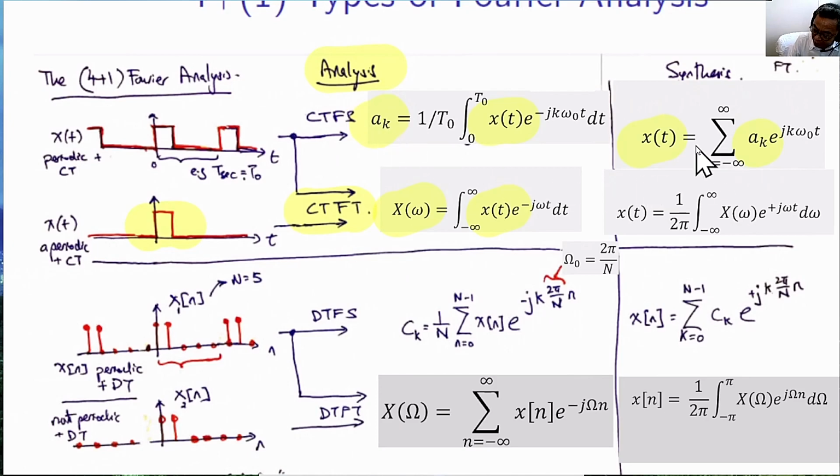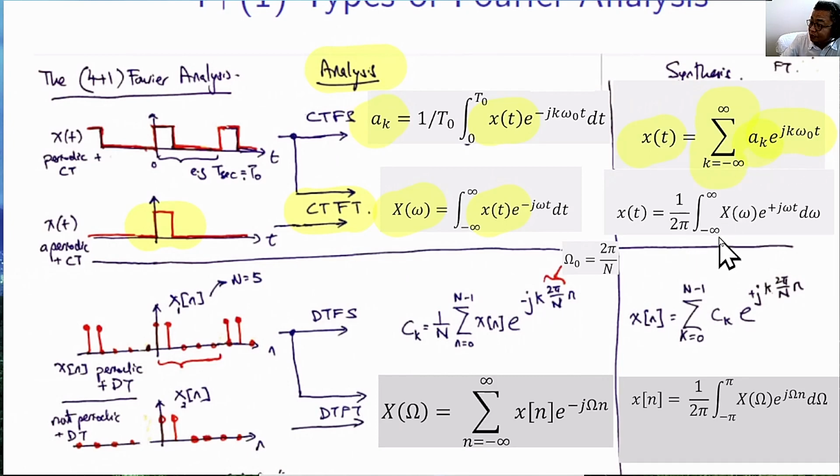We use a summation to act on all these a's and multiply them with e to the j k omega naught t to reconstruct x of t. In fact, the synthesis equation tells you what exactly Fourier transform is. Fourier transform breaks down x of t into different a's, and the different a's tell you how much contribution each has to the original x of t.